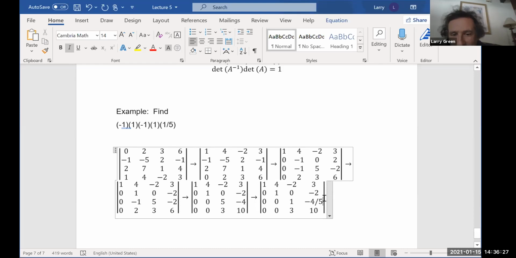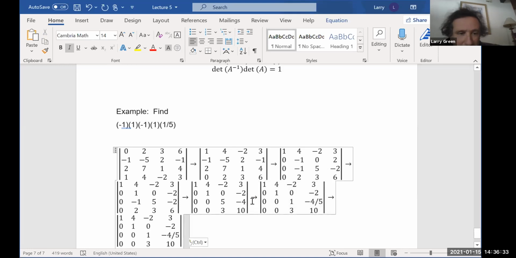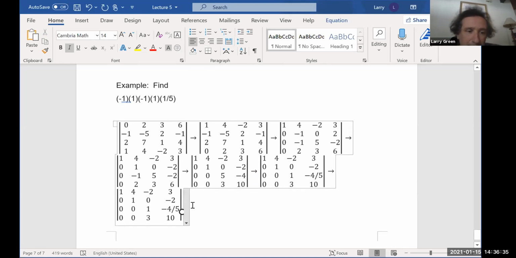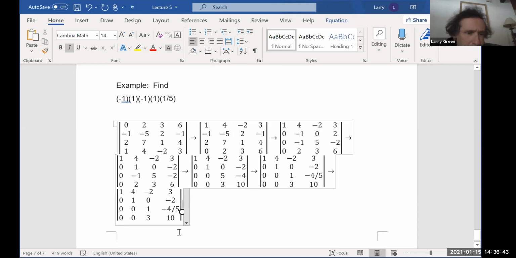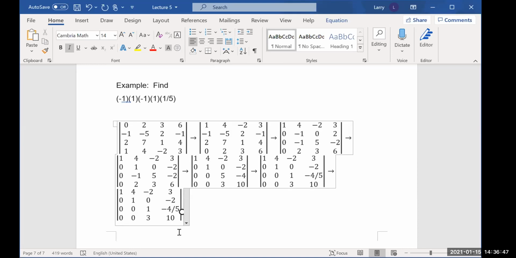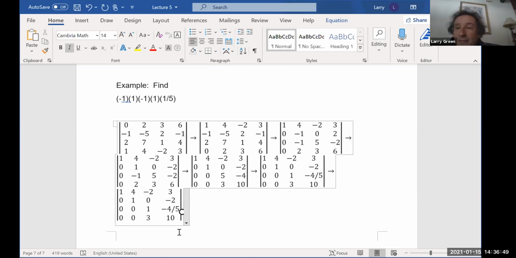Okay, and then the next step, which is our last step in the row ops at least, is to do what? Multiply the second one by -4 and add to row 1. One thing is, I understand what you're saying: you're RREFing. You don't need to RREF.